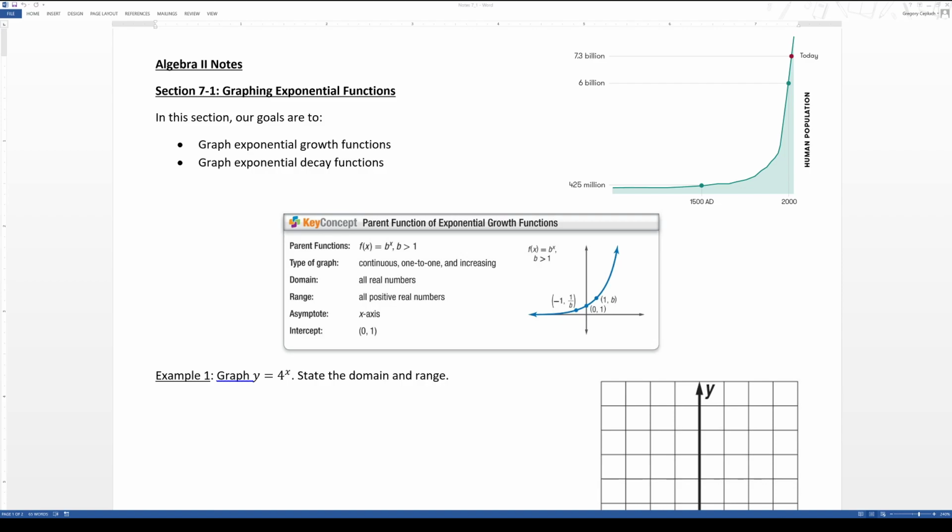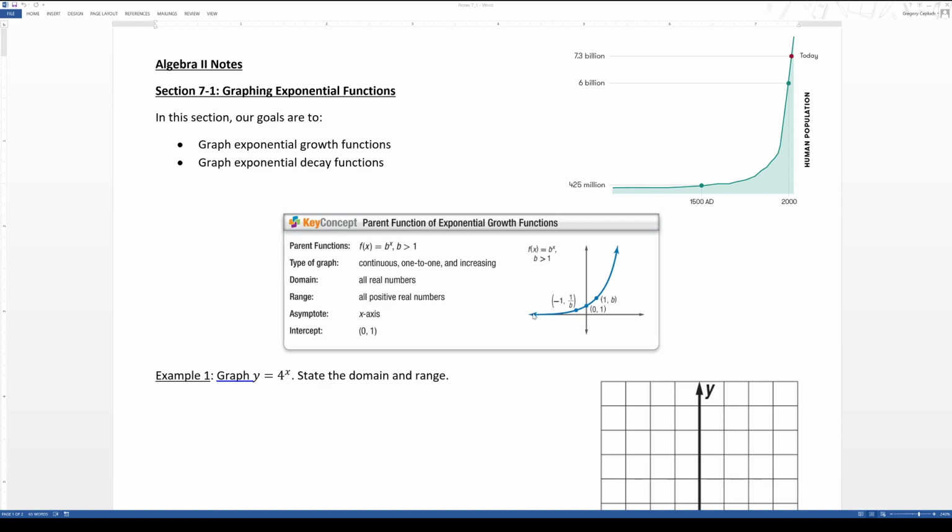But in this first section, we're going to talk about graphing what are called exponential functions. So maybe you've heard someone say something like, oh, this thing is growing exponentially. What does that mean? Well, if we look at this graph right here, this is an exponential function.